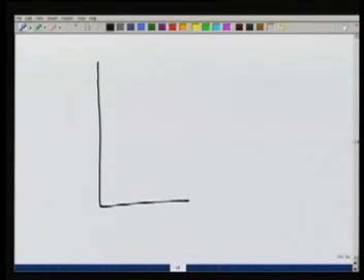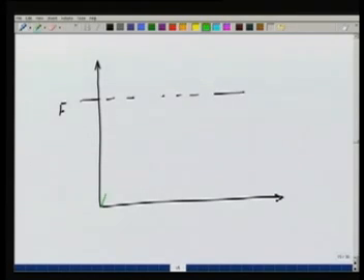Here is my level for f, and here is my actual exact solution to the problem, and I start off first with this approximation, which is like the linear solution.